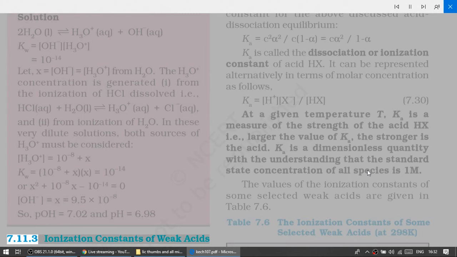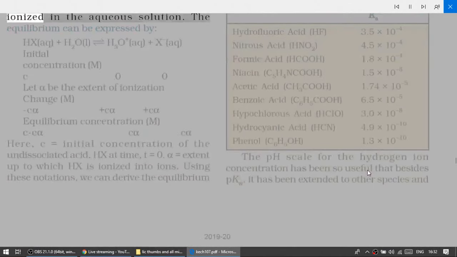Ionization constants of weak acids. Consider a weak acid HX that is partially ionized in aqueous solution. The equilibrium can be expressed by HX(aq) + H2O(l) ⇌ H3O+(aq) + X−(aq). Initial concentration, M: C, 0, 0.